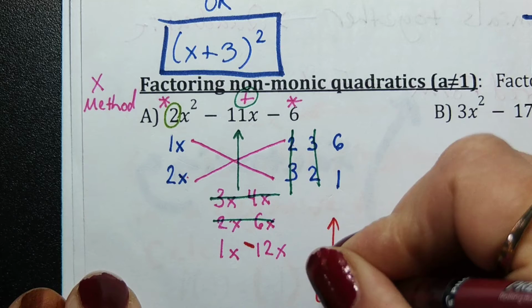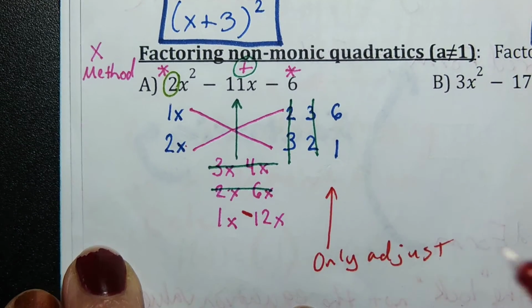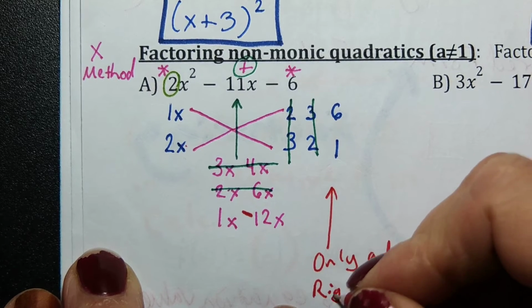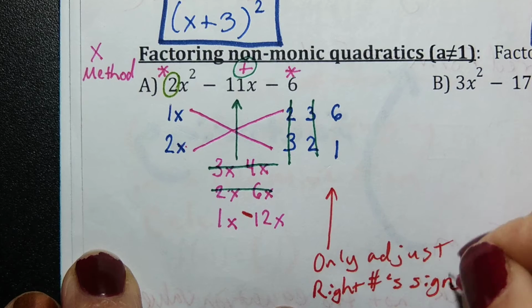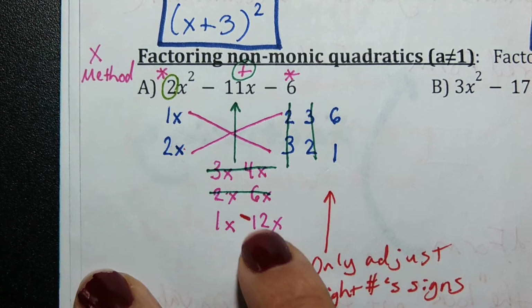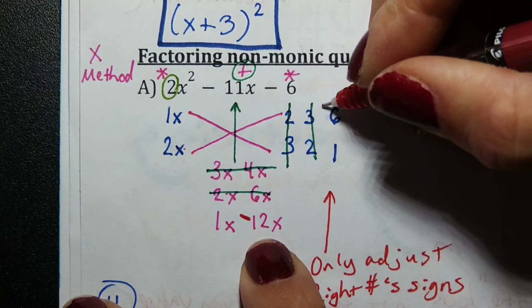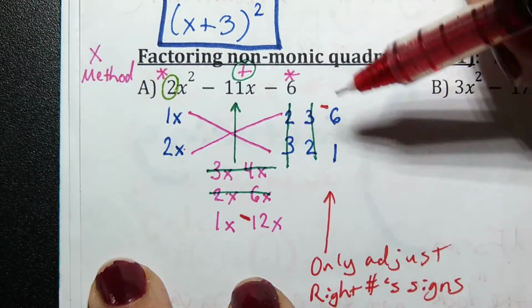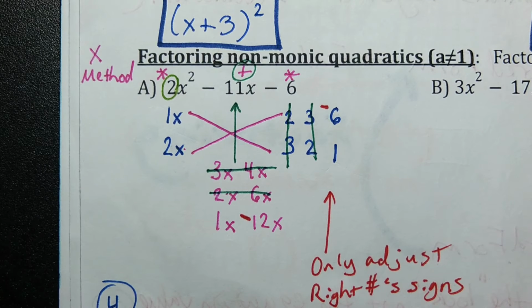So only adjust the right numbers' signs. So if I need this to be a negative 12x, who am I going to have be negative? The 6 or the 1? The 6. So that 2x times negative 6 will give me negative 12.